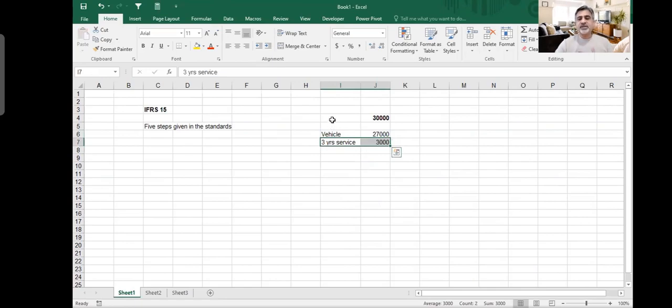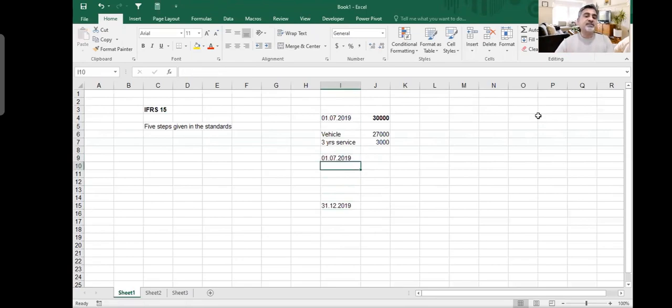So let's suppose that we sold this car on 01/07/2019, and then we are preparing our financial statements on 31st December 2019. So what double entries we should make? On the date when you sold the car, the first performance obligation was met, which was delivery of the car.